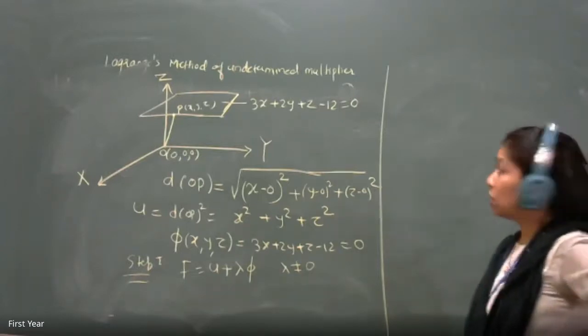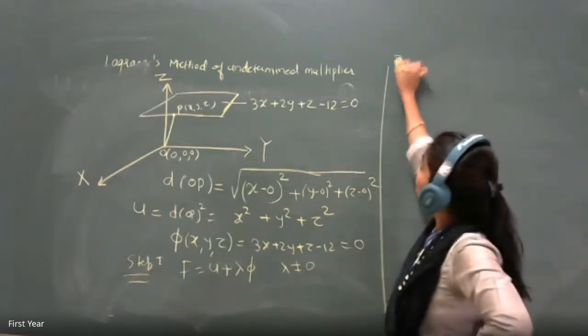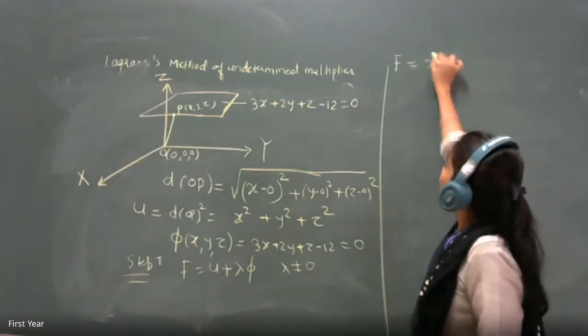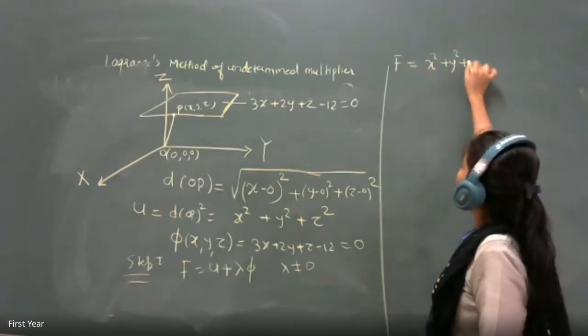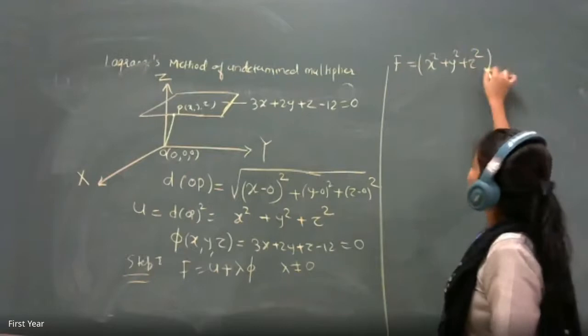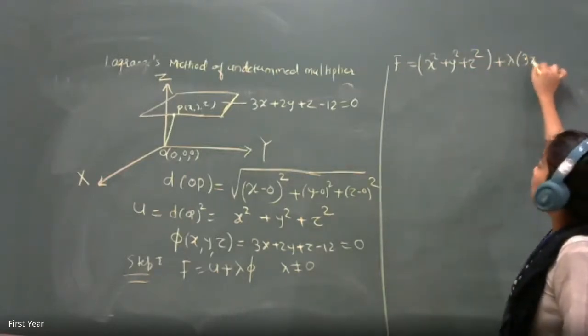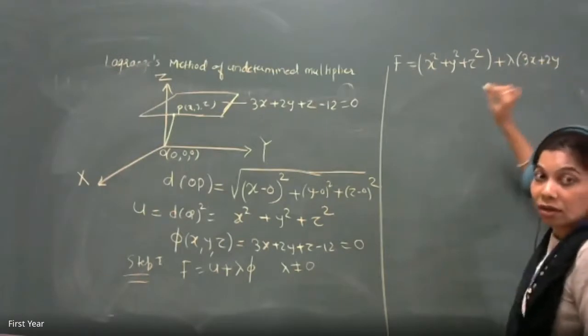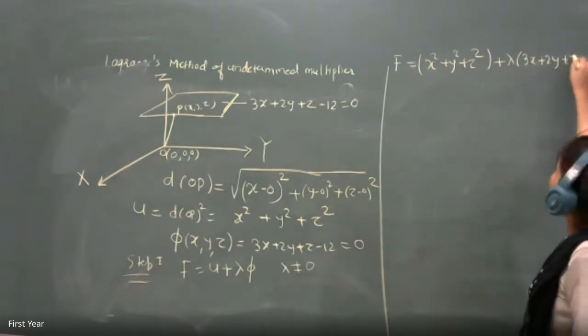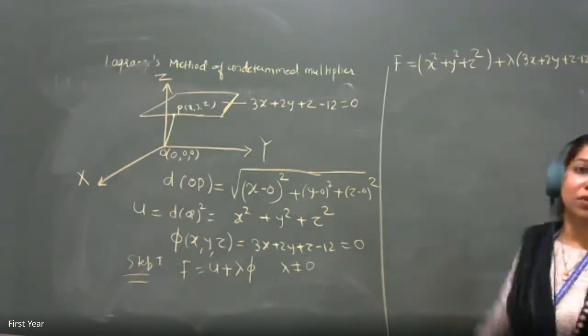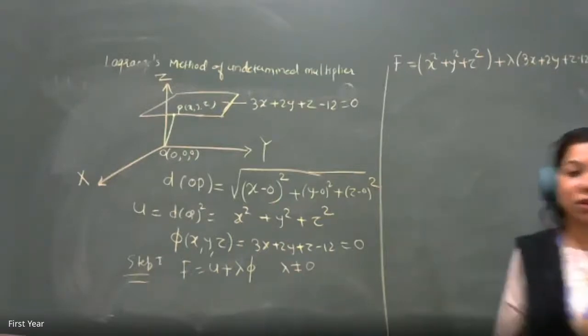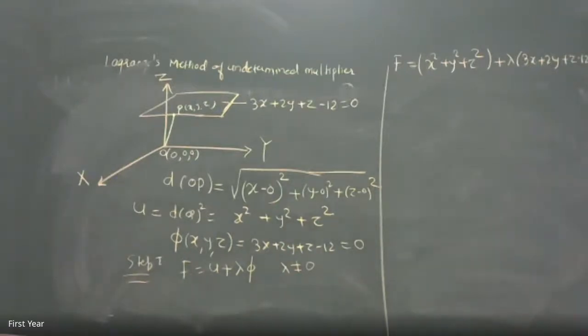Now write down the actual value of capital F. Capital F is x square plus y square plus z square, this is just u, plus lambda into phi, which is 3x plus 2y plus z minus 12. This is your function capital F.